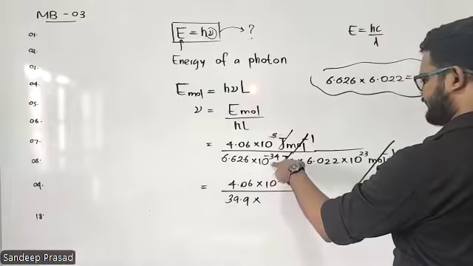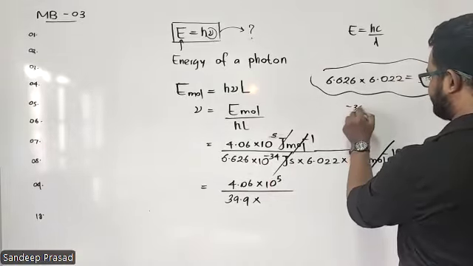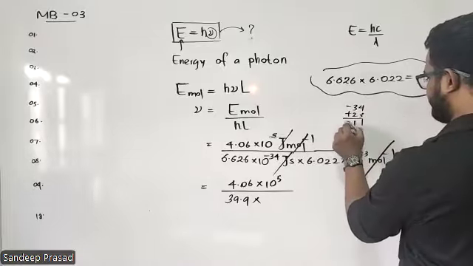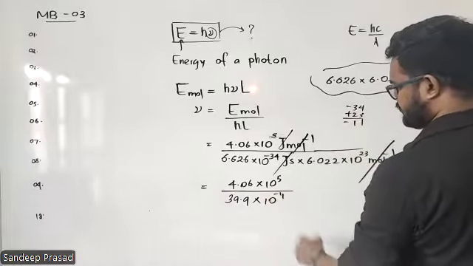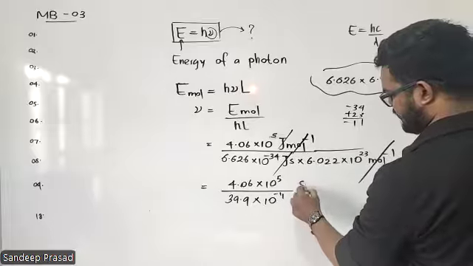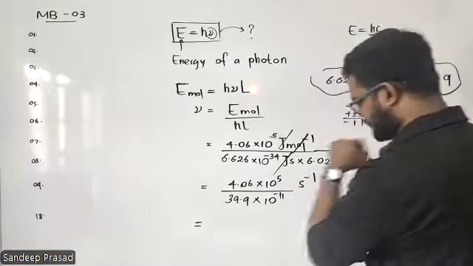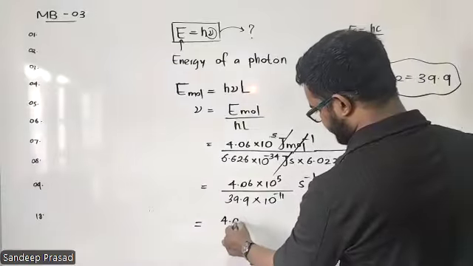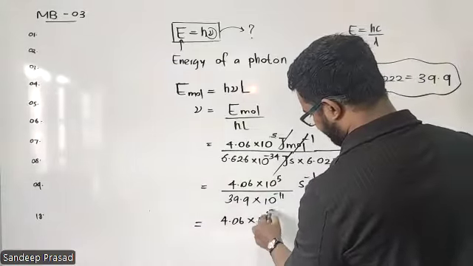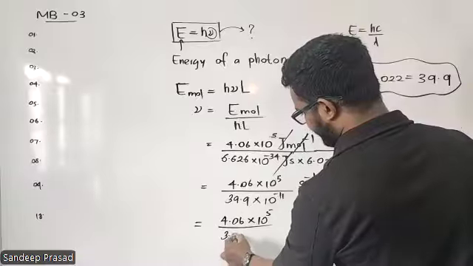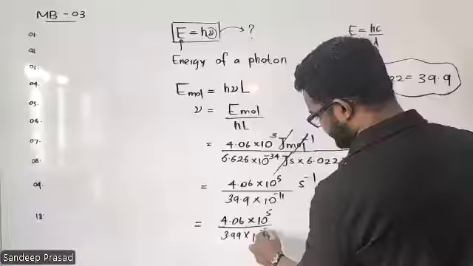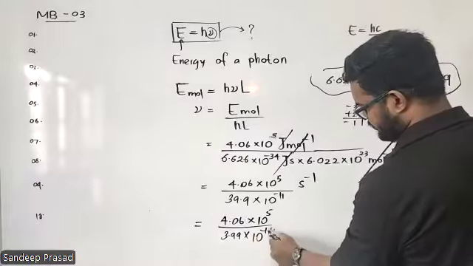10 to the power -34 plus 23 gives 10^-11, and here we have per second. So I can write this one as 4.06 × 10^5 divided by 3.99 × 10^-10 per second.